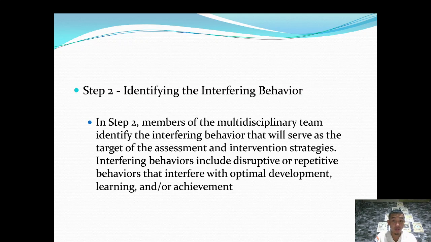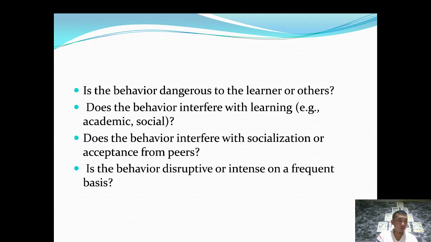Interfering behavior is disruptive or repetitive behaviors that interfere with optimal development, learning, and or achievement. So what they are going to identify are those behaviors that can affect their optimal development, learning, and social and academic achievements.